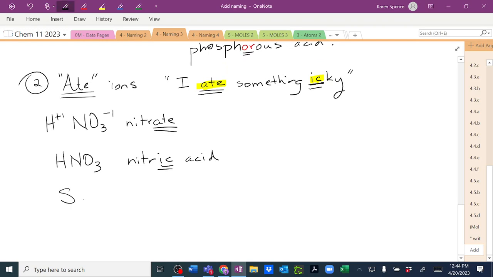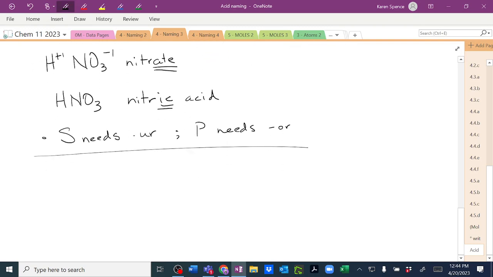Remember, sulfur needs ur and phosphorus needs or. So let's try SO4 2-, which is sulfate. How many hydrogens do we need? 2.